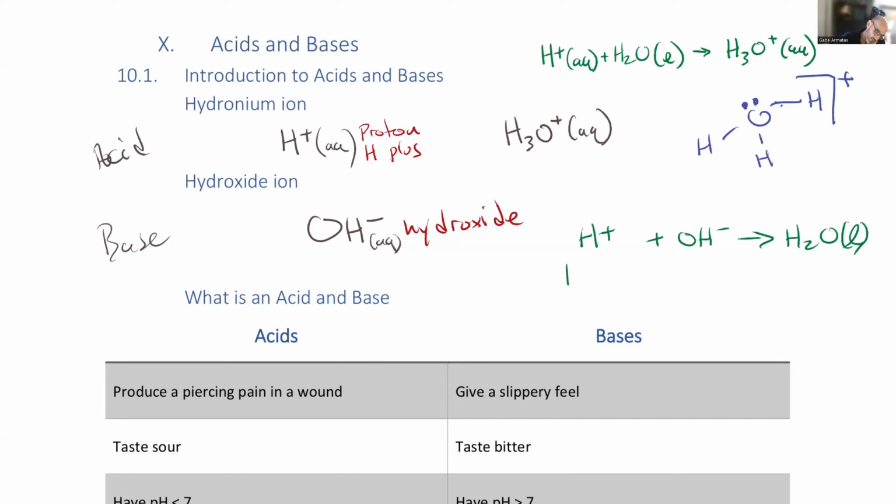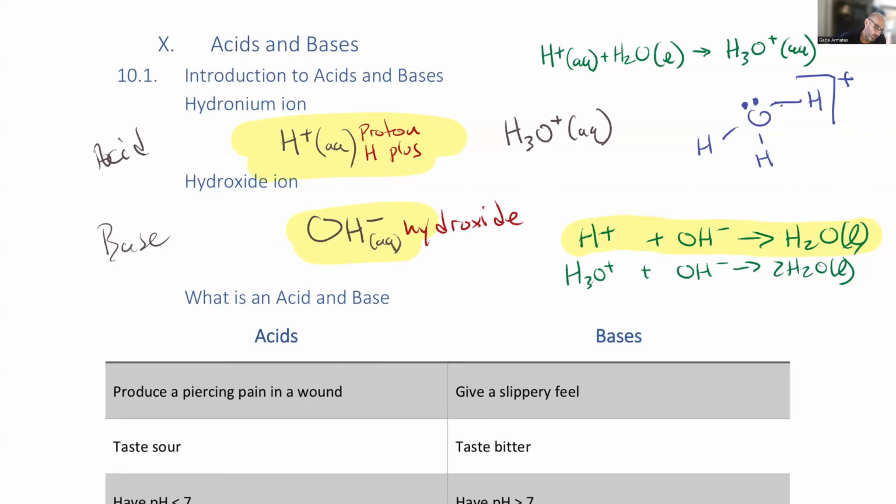And in fact, even if I looked at the H3O plus with OH minus, I end up with two water molecules. So either way, the hydronium represents what we use most of the time, but H plus is acidic and hydroxide OH minus is basic. So we're going to use these two things together, but together they neutralize one another, as an acid and a base neutralize one another to give me water.